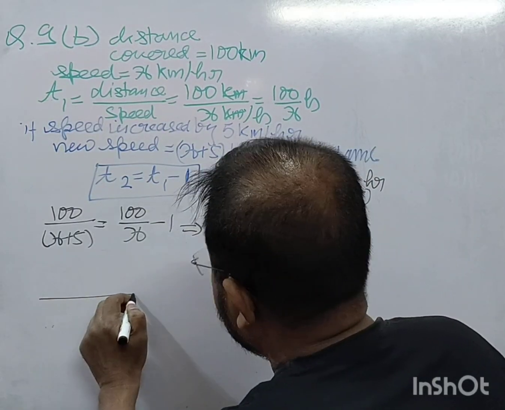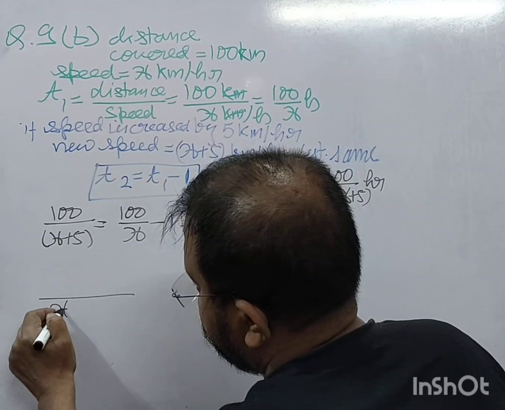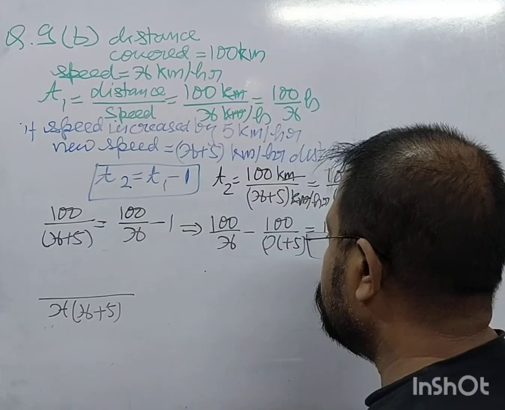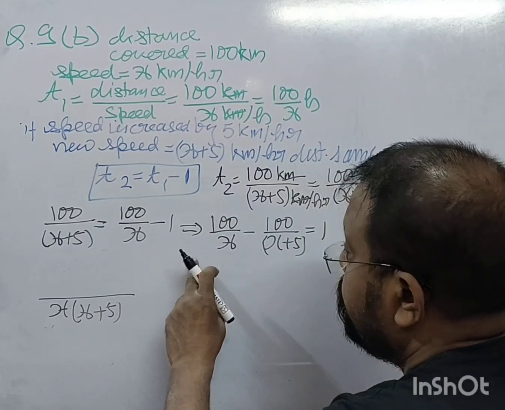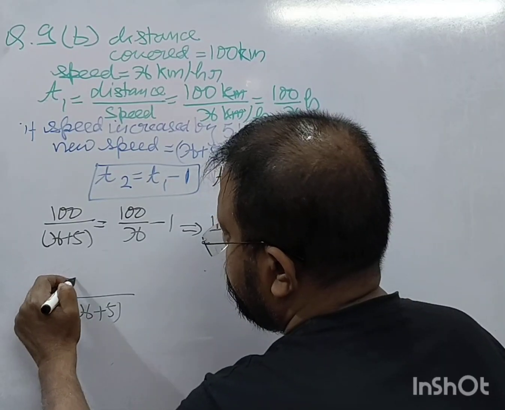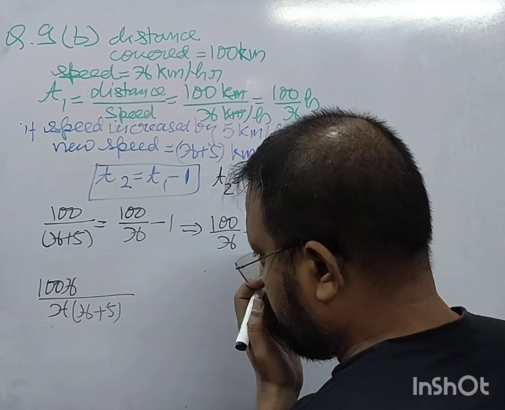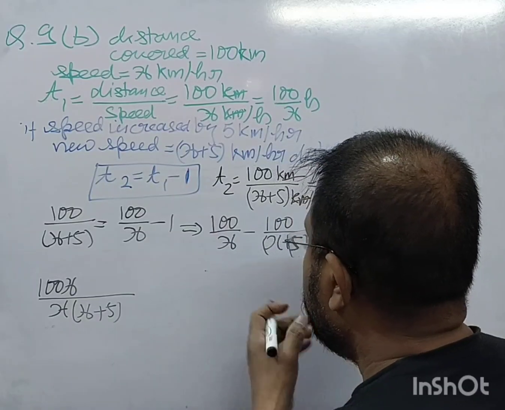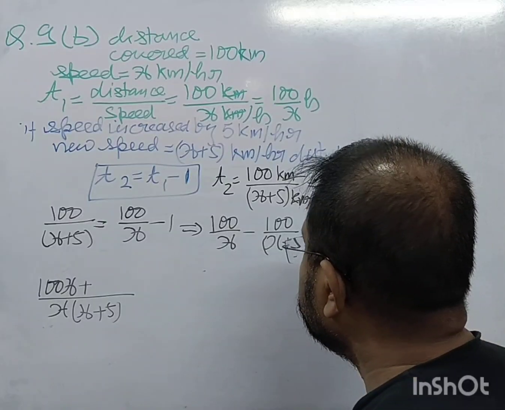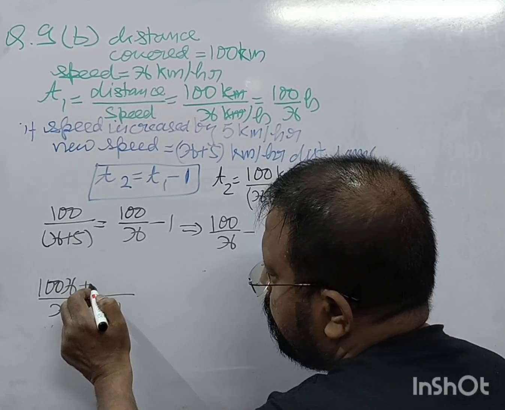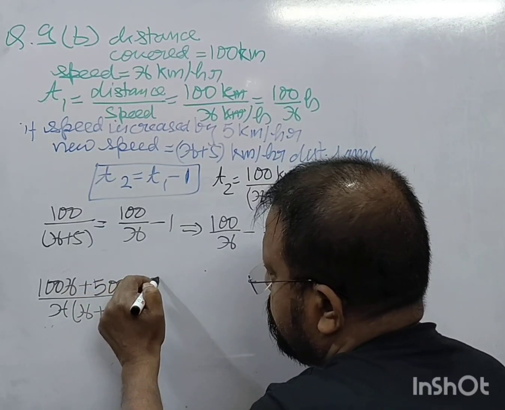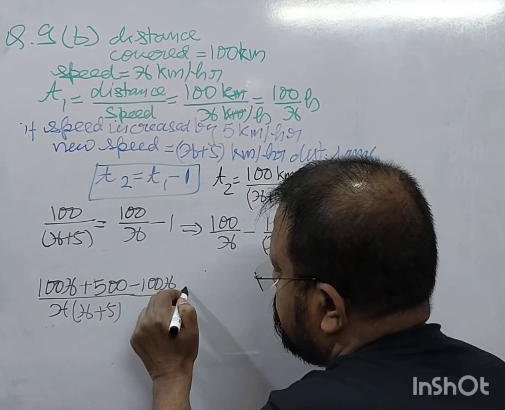Now you take x bracket x plus 5 as an LCM. So what do you get? This x cancels, it becomes 100x plus 500 minus 100x is equal to 1.